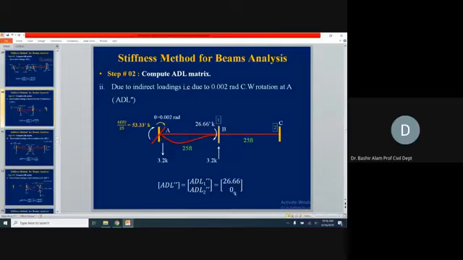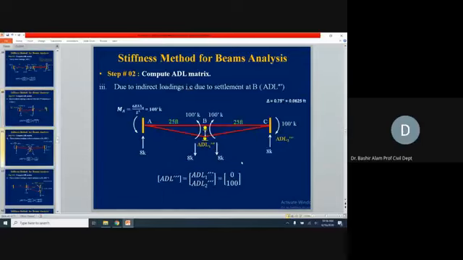So we took the effect of this 0.002 radian clockwise rotation. Now let's include the settlement at B. We will clamp joint A and joint C, and for the settlement, we will provide a guided roller here and slide it in the downward direction.